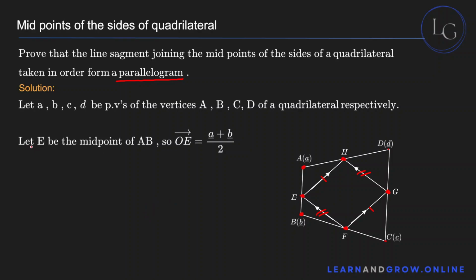It says here that let E be the midpoint of AB. So OE is equal to the position vector of A plus the position vector of B over 2. How did we find this?